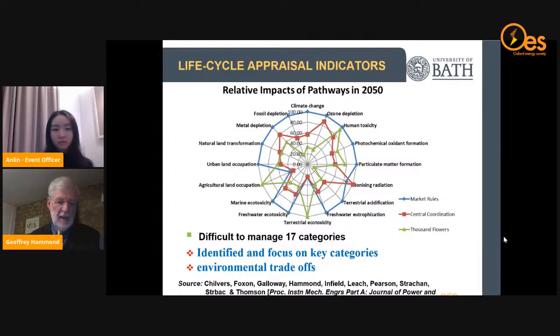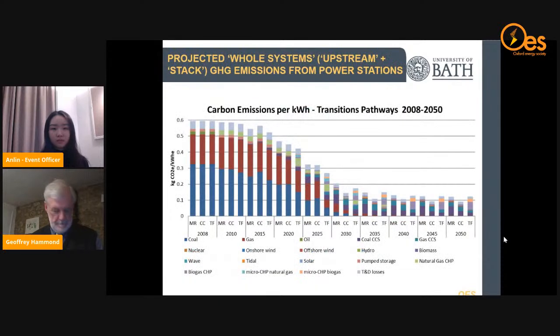And the red line shows what happens under central coordination, blue line under market rules, and the green line under Thousand Flowers. Now, it's difficult, obviously, to look at all these. So in some other work we've done, which I'm not going to show you today, we've tried to get a lumped, if you like, indicator of all these pathways. But today I will just talk about carbon emissions. So if we can have the next slide, please.